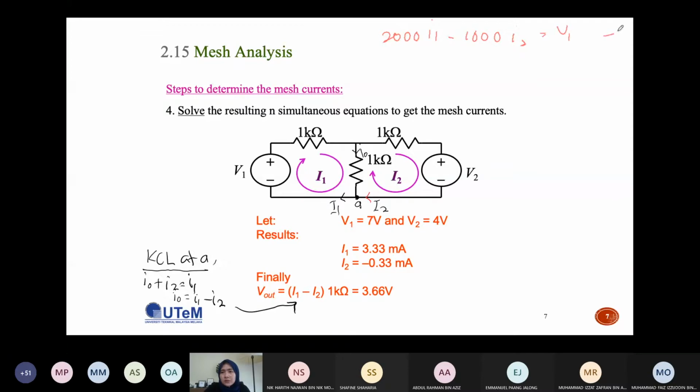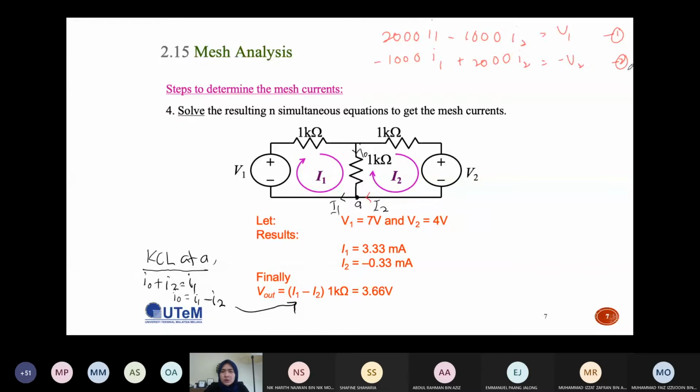So this is the first equation based on loop 1. And the second one, we have negative 1000 I1 plus 2000 I2 equals to negative V2.